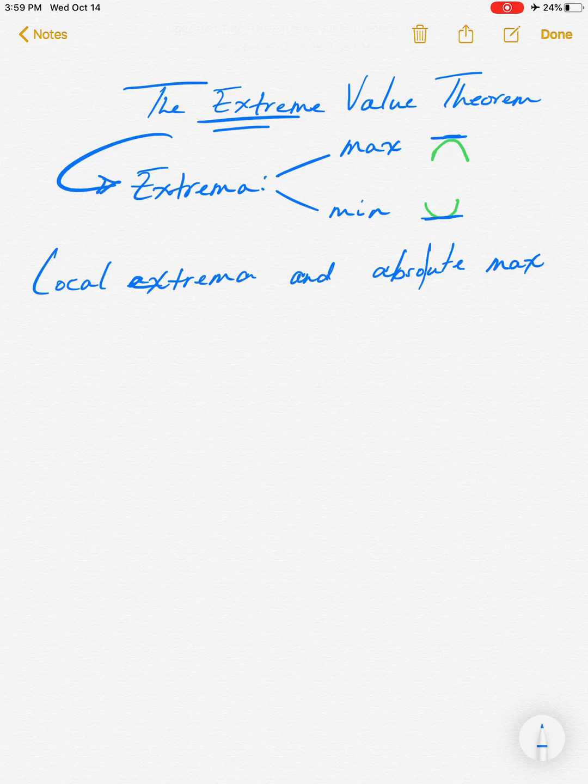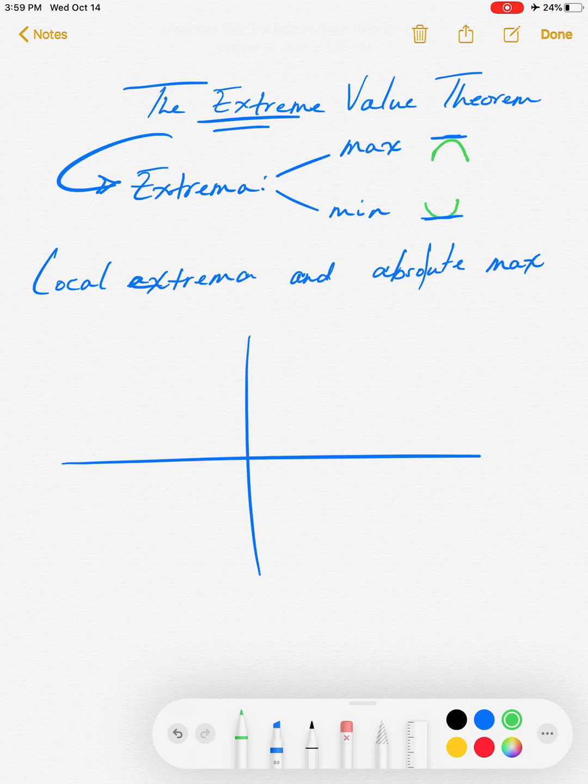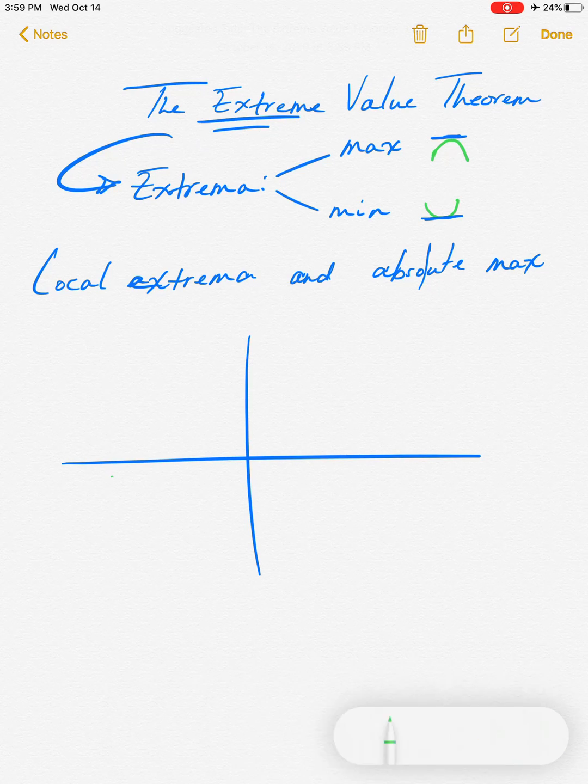You can have some crazy looking little squiggly shape that goes something like so. I'm going to curve that on out.